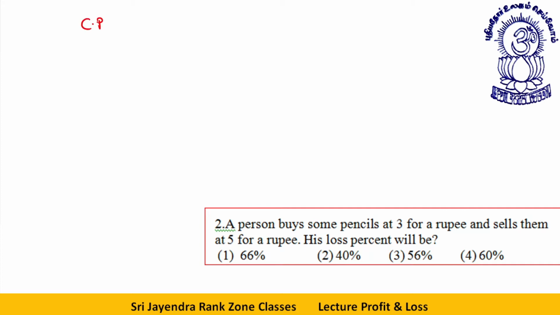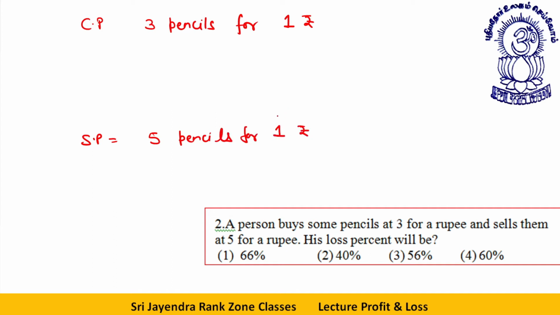CP: three pencils for 1 rupee. Let's talk about SP, and sells them at 5 for a rupee. Five pencils for 1 rupee. Let's take a number which is divisible by 3 as well as 5.